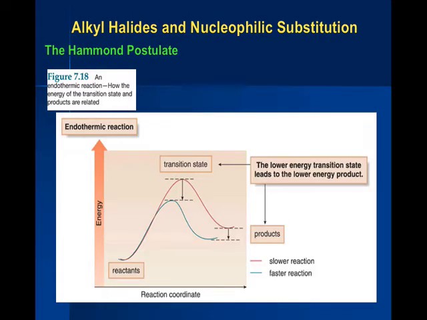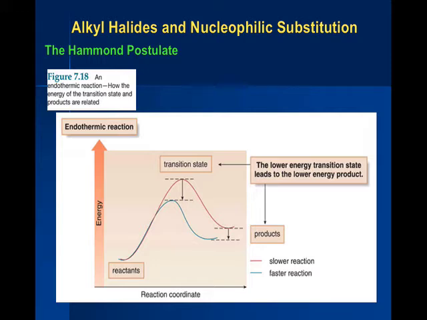And so basically what this means in terms of rate, if I have a stable carbocation, which is the blue line, and I have an unstable carbocation, relatively speaking, which is the red line, which one of these would be the fastest?